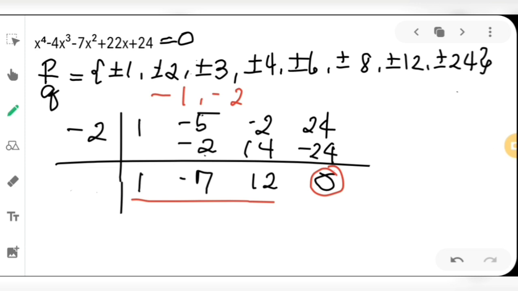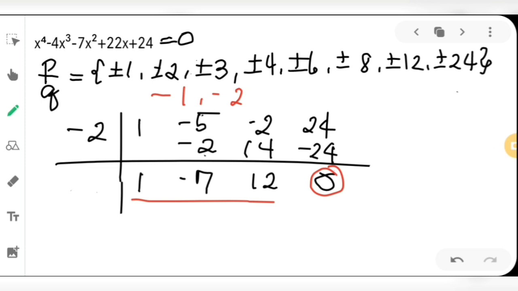Now, if you can master how to factor a quadratic equation, you can use that aside from using synthetic division. But if you cannot master factoring quadratic equations, you have to proceed in finding the roots using synthetic division.